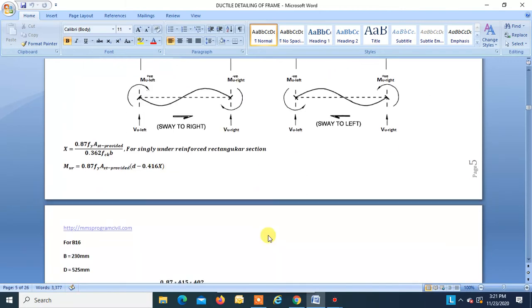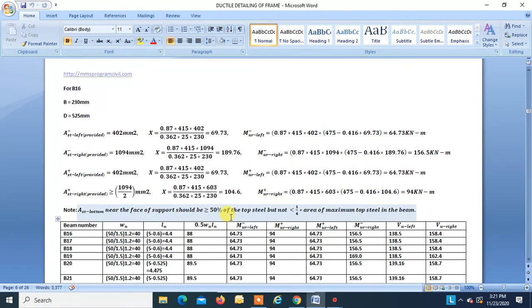Right. Now this is the table. We'll try to understand with an example. For beam B16, b is equal to 230, D is equal to 525, Ast minimum, Ast negative left. Ast negative, at support the moment is hogging, this main steel is at top, so it is negative steel.